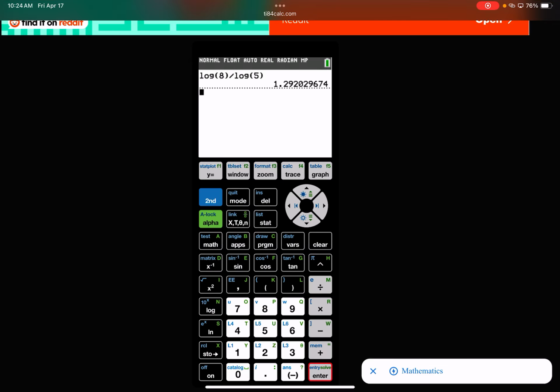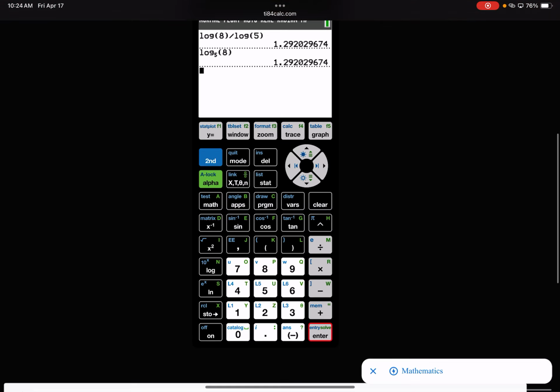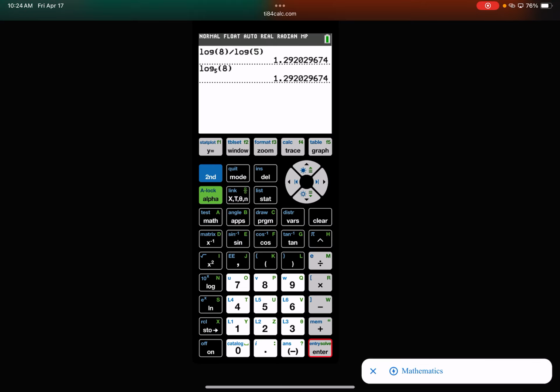Now if you have that log base feature, I could have just put the original, which was math, log base 5 with 8 inside of my log. Hit enter, I get the same answer.